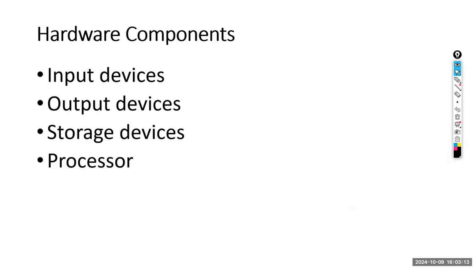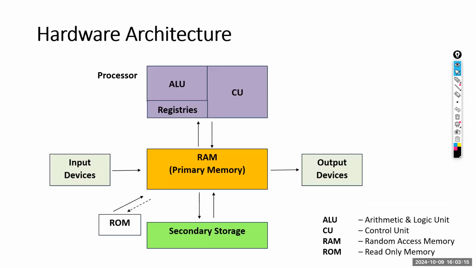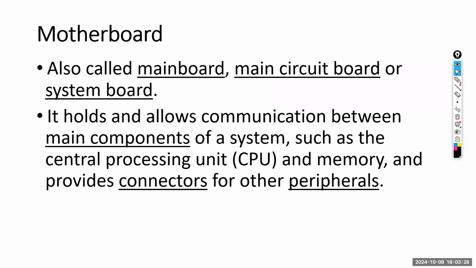According to von Neumann architecture, we have input devices, output devices, main memory, processor, secondary storage, tertiary storage, and ROM. And we discussed the purposes of each and every component. And of course, the motherboard does the coordination or facilitates communication among components.